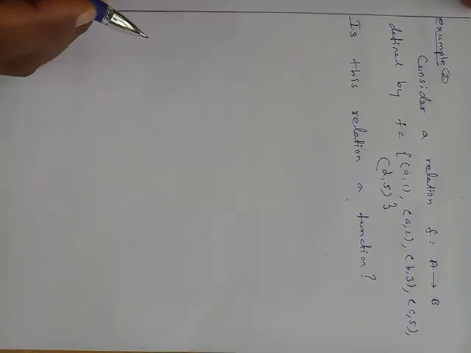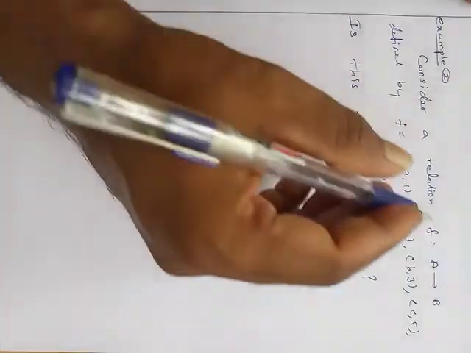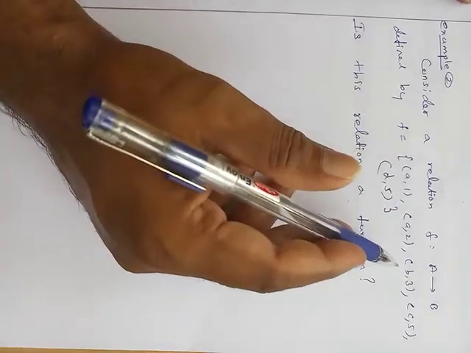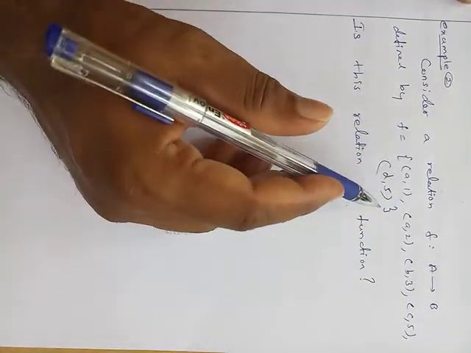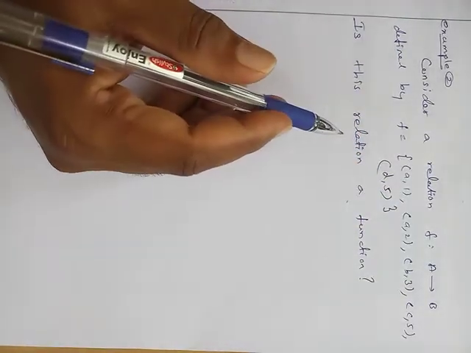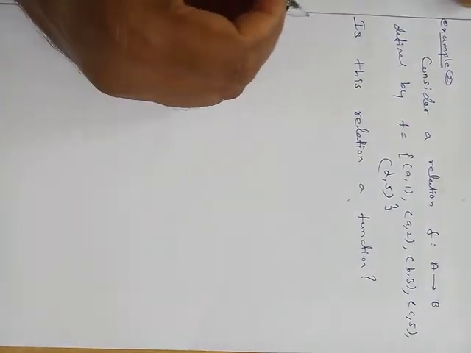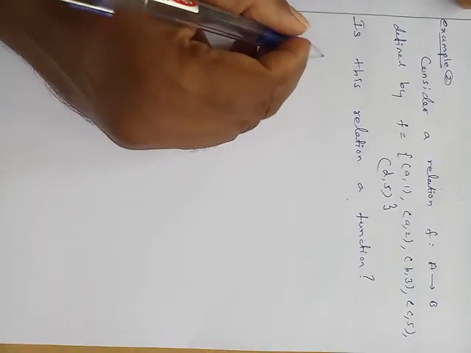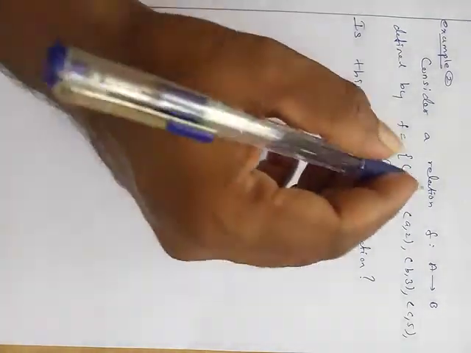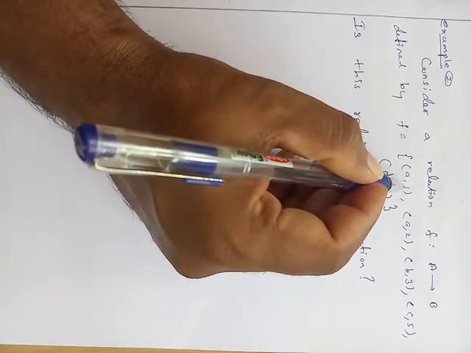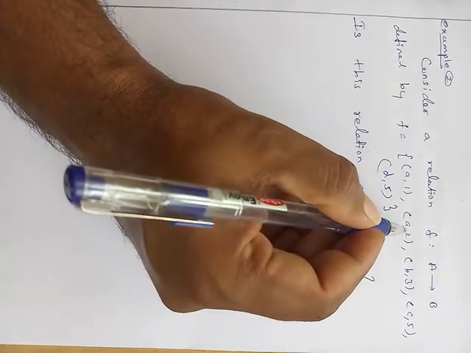Next example. Consider a relation f from A to B defined by f equal to {(a, 1), (a, 2), (b, 3), (c, 4), (d, 5)}. Is this relation a function? First, write it out. Here the element a has two images: one image is 1 and another image is 2.